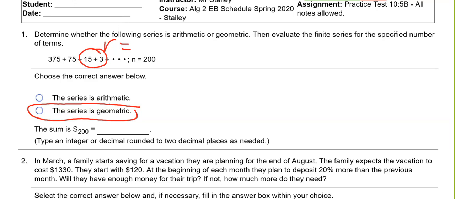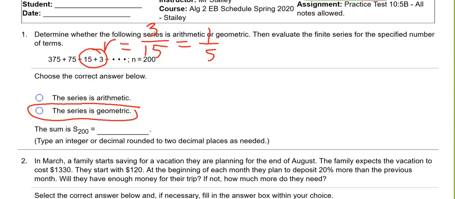So what are we multiplying by to go from 15 down to 3? You're dividing by 5. So you are exactly right, but you can find it by taking any term and dividing by the previous one. And so that shows you that you are doing exactly what you just said. You're dividing by 5. Okay, so now we know our multiplier.